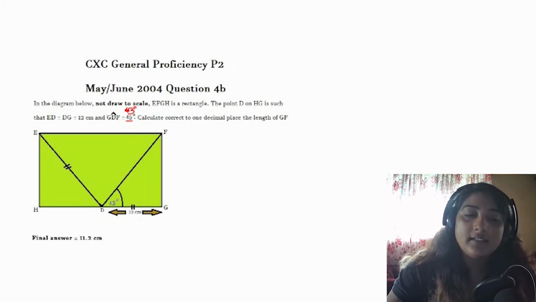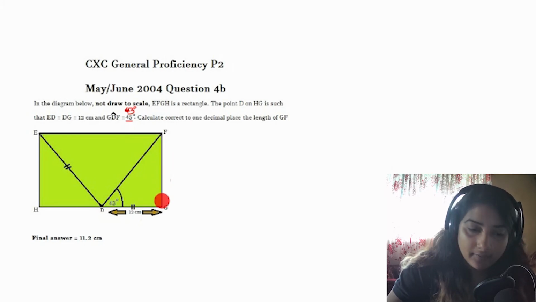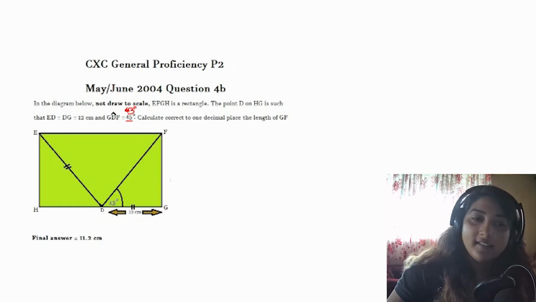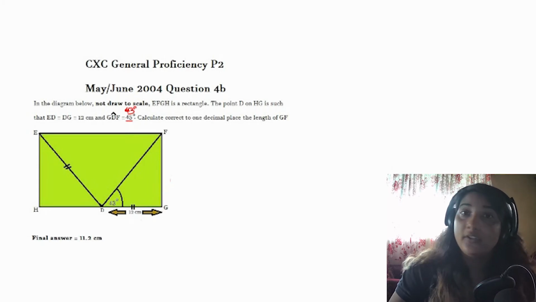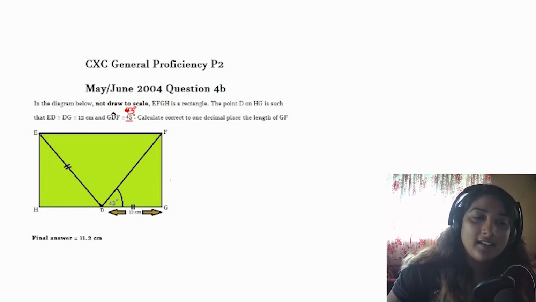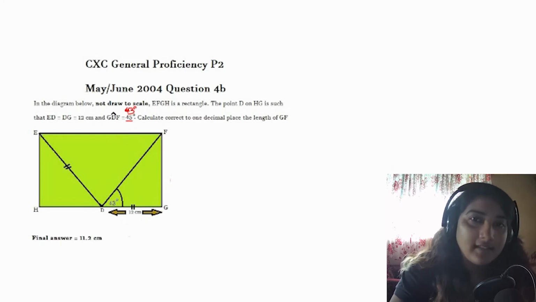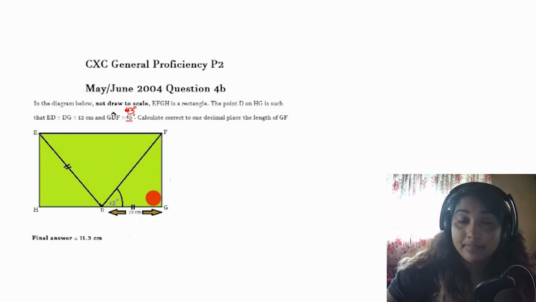If I want to find the length of GF, in this case, I need to know whether or not I can apply a trigonometric ratio. Now, luckily for us, they said it is a rectangle. So if this is a rectangle, can you recall any properties of rectangles which would help us clarify and validate the use of a trigonometric ratio here?